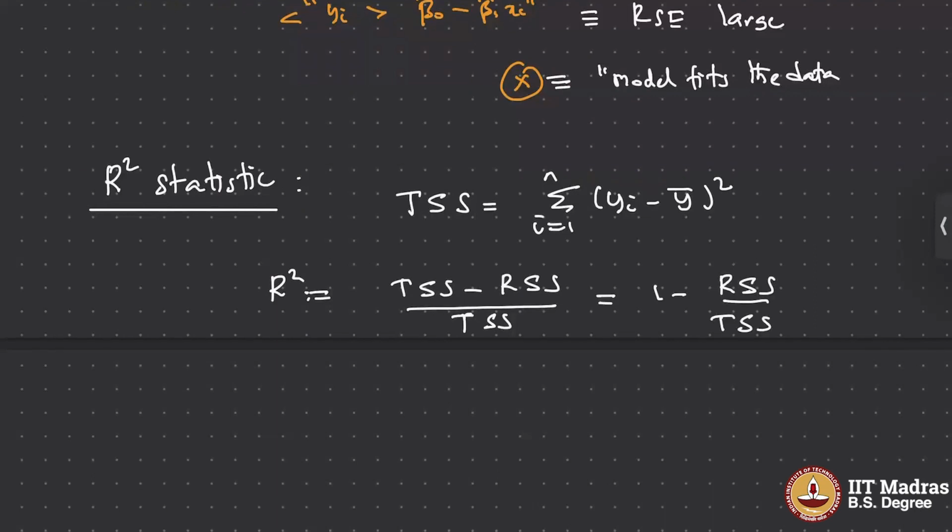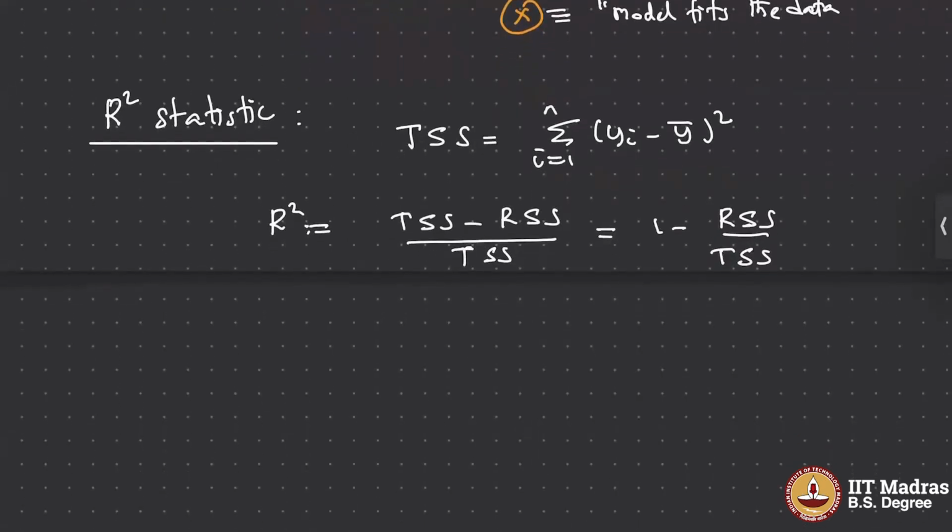So how is it going to help? First observation is that the total sum of squares is measuring the variance of y. What is RSS doing?